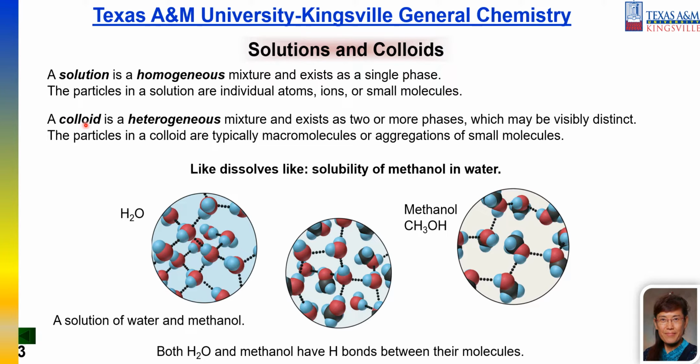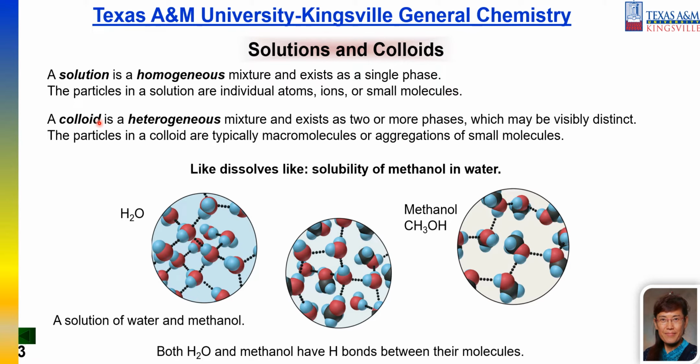The colloid is a heterogeneous mixture. Hetero means different phases. So a colloid exists as 2 or more different phases, which may be visible to our human eyes. You can visibly distinguish them. The particles in the colloid are usually macromolecules or aggregations of small molecules.